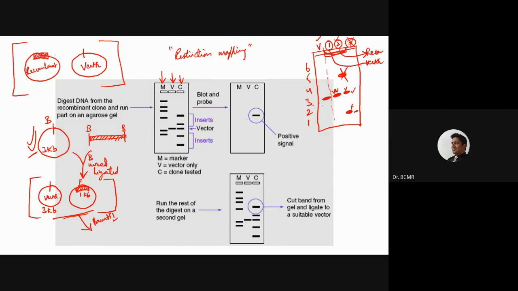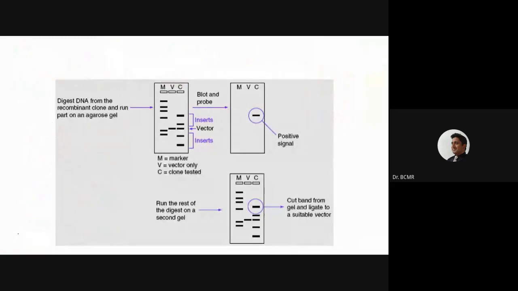But one can also do it using probes, like we have done in Southern blotting. We blot it onto a nitrocellulose membrane, and then we use a probe. We will discuss a little bit about a probe as well.